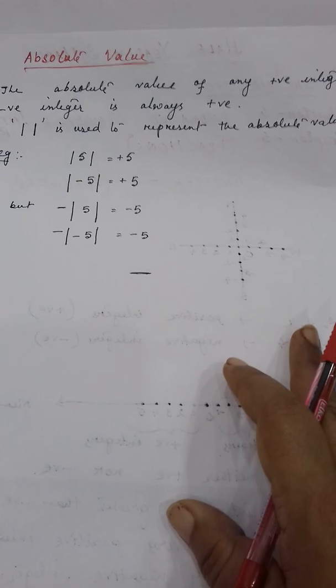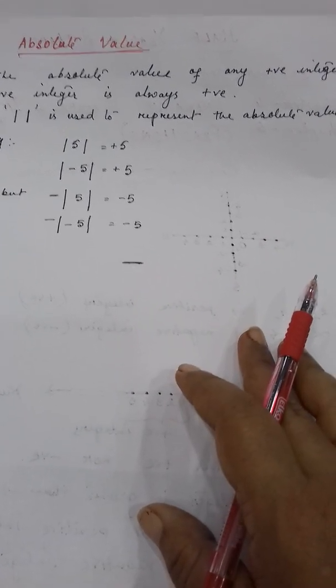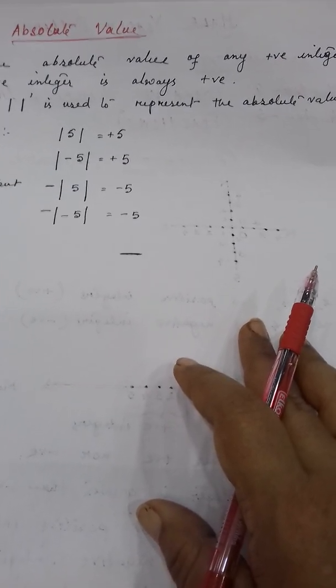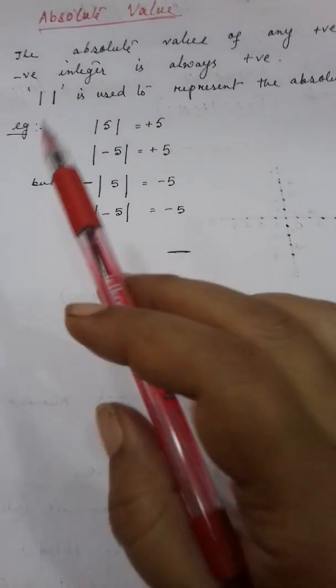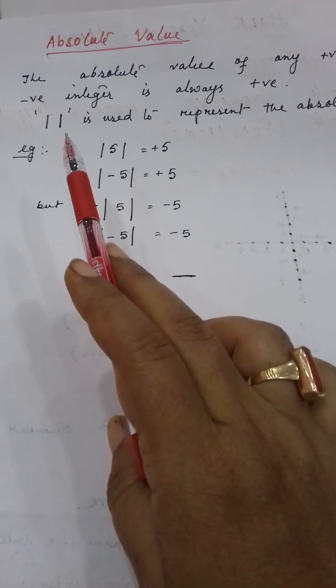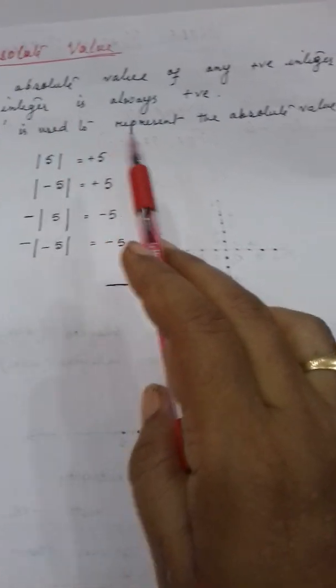When you find the absolute value, we will not see any direction on the number line, whether it is positive or negative. Its value will always be positive. Clear? And this is the symbol of absolute value, the modulus. We represent absolute value with this symbol.